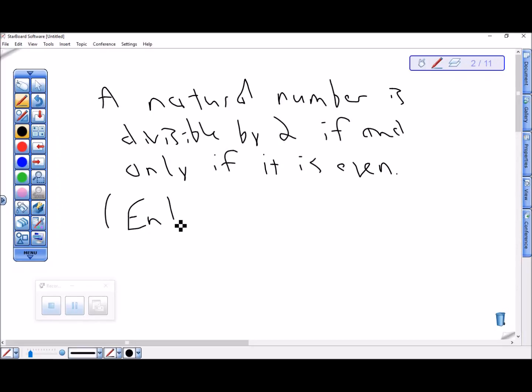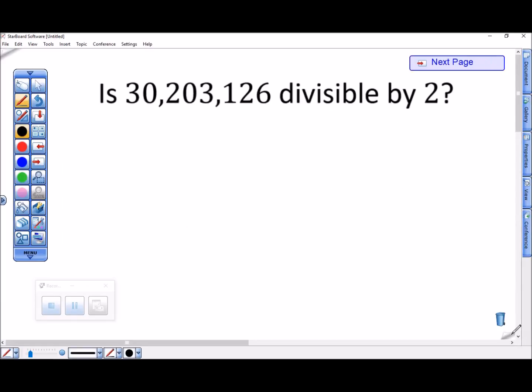So I'll note that. Ends in 0, 2, 4, 6, or 8. Okay, for example, is 30,203,126 divisible by 2? Well, all I need to do is see if it's even. It is, because it ends in a 6. So the answer here is yes.